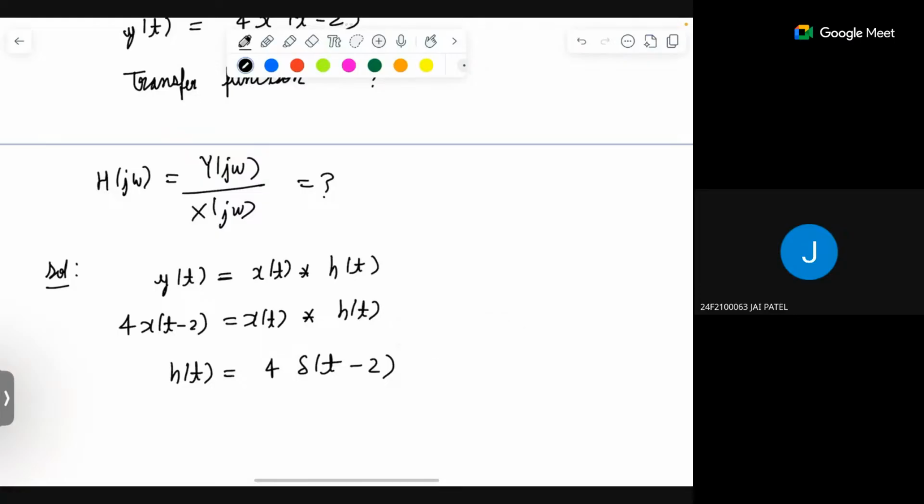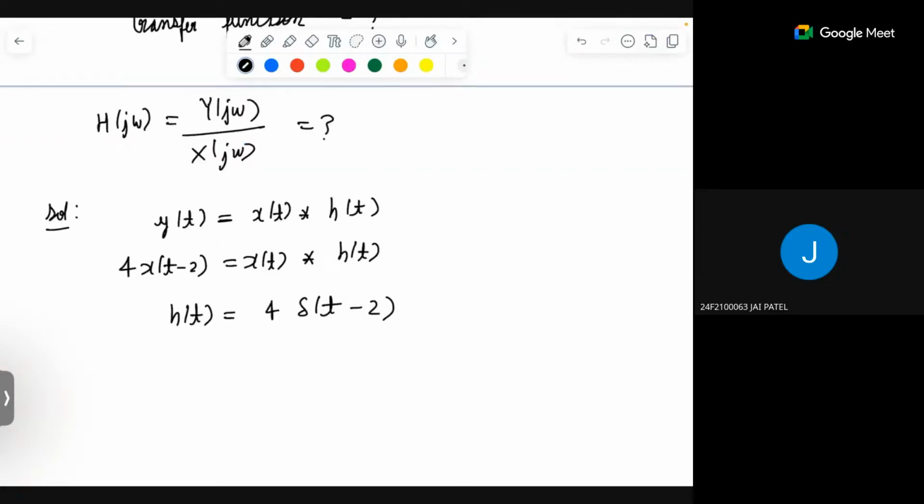Yes, ma'am. So if h of t is 4 times delta of t minus 2, H of j omega will be equal to 4 times, by the time shift property, e raised to the power of minus j 2 omega, and the Fourier transform of delta t is 1. So this is what we have.